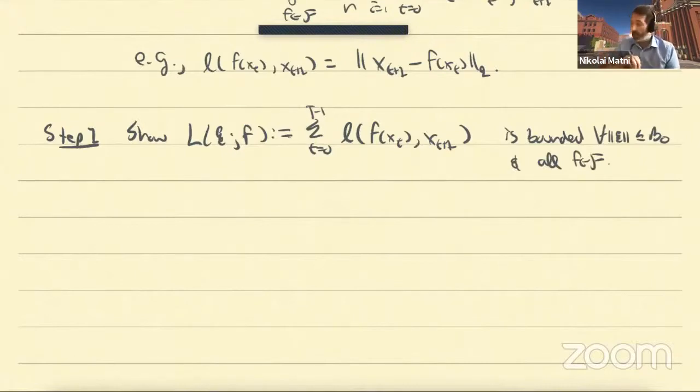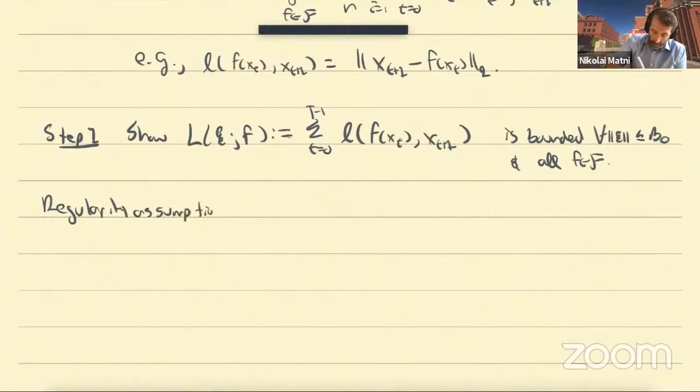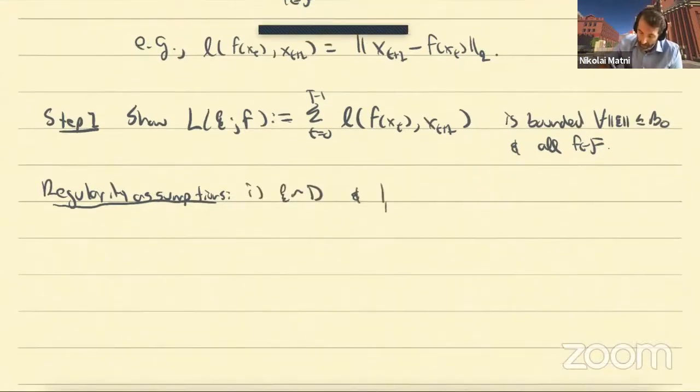So let's impose some regularity assumptions, because we need some notion of regularity on the underlying system for this to go through. These are the regularity assumptions that we will impose. One is, as I mentioned earlier, that my initial conditions are drawn from some distribution D, and that they're all bounded within some ball.